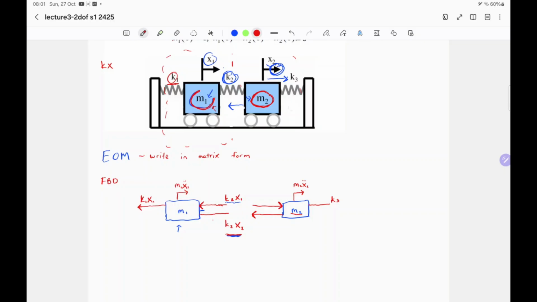Again, mass 2 is moving to the right because of x2, so K2 x2 will move to the left. Since K2 x2 on mass 2 is moving to the left, K2 x2 for mass 1 will move in the opposite direction of mass 2.